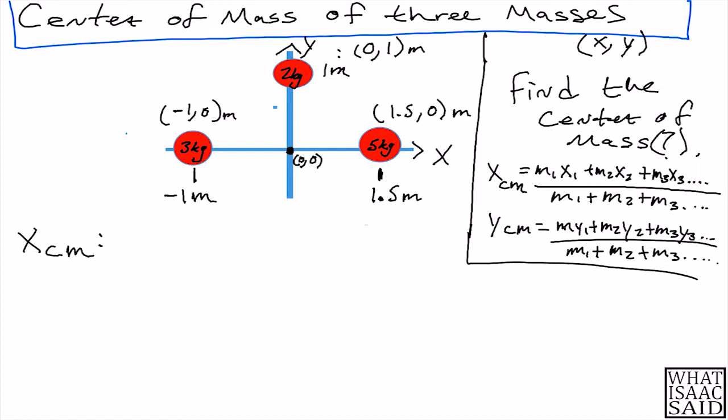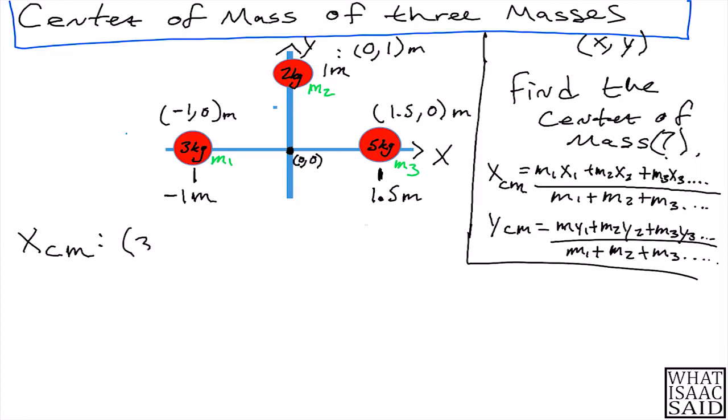I'm going to write them in green. Let's say that this is my m1, this is my m2, and let's call this my m3. So now I can go back to our work, that way you know what I'm referencing.